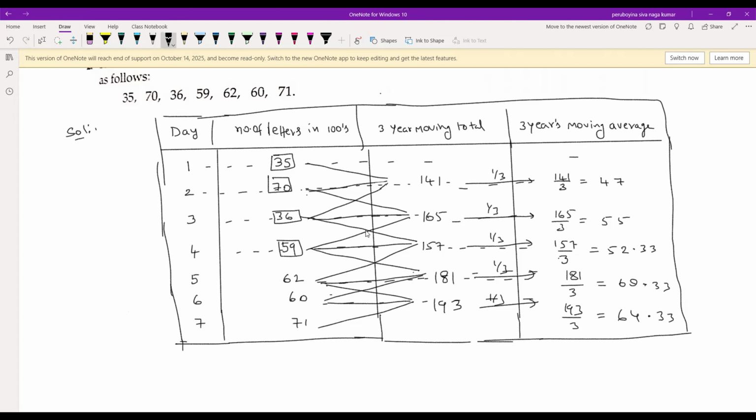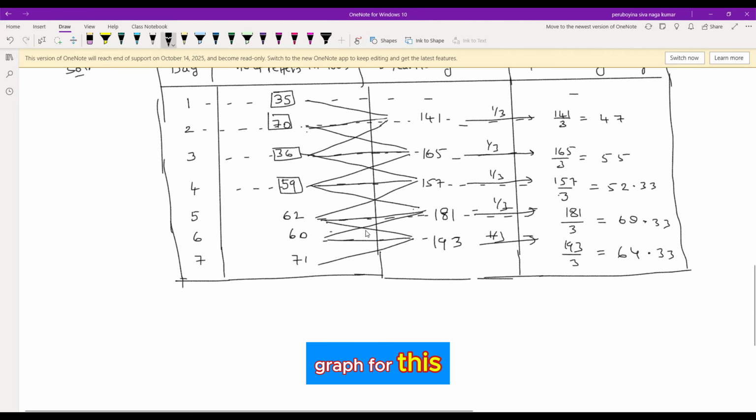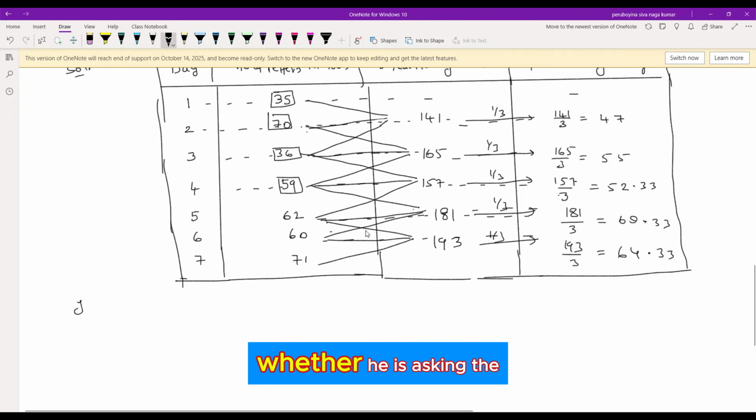Next, we will draw the graph for this. Whether they ask for the graph or not, we must draw the graph.